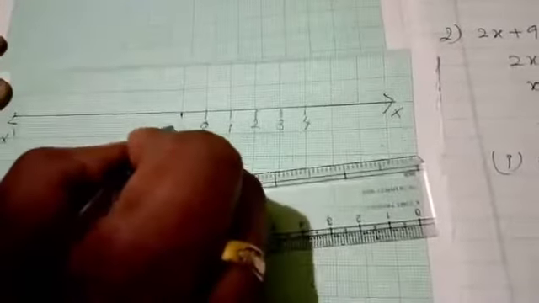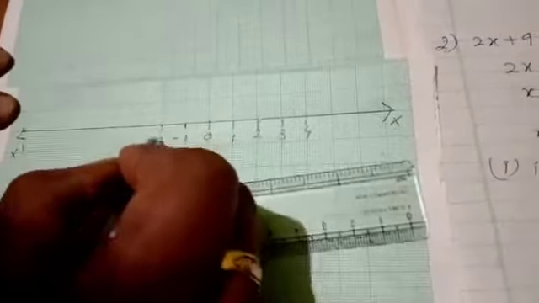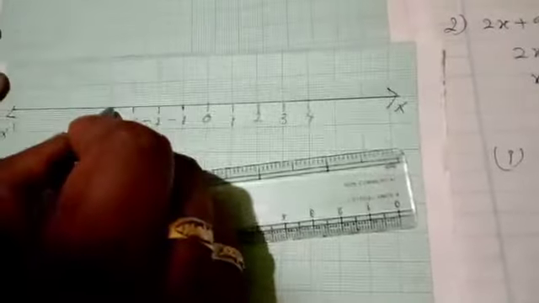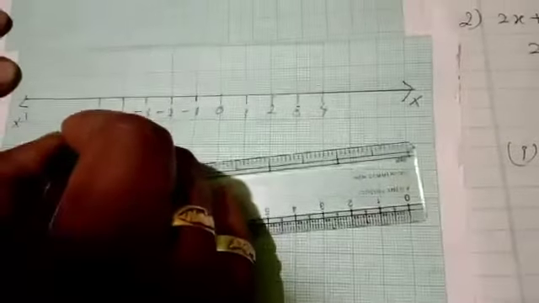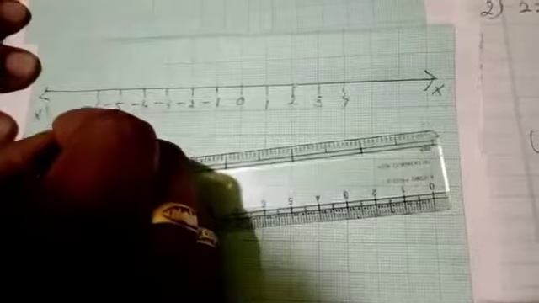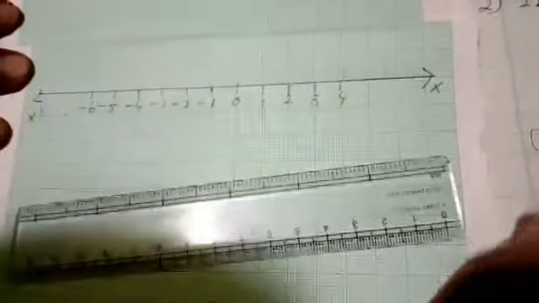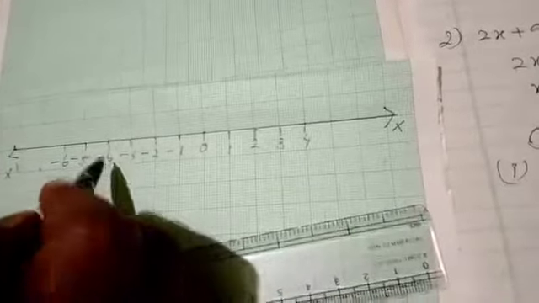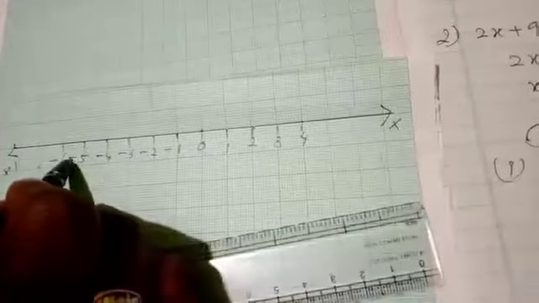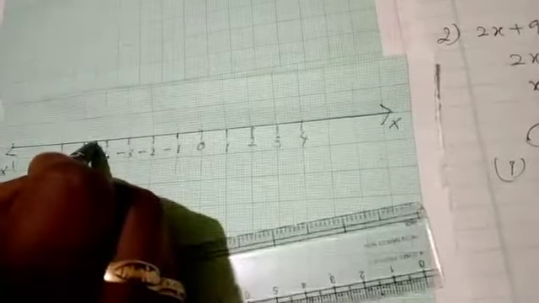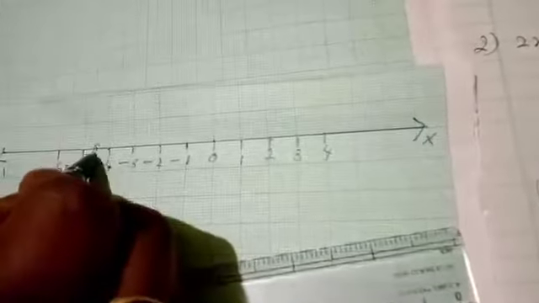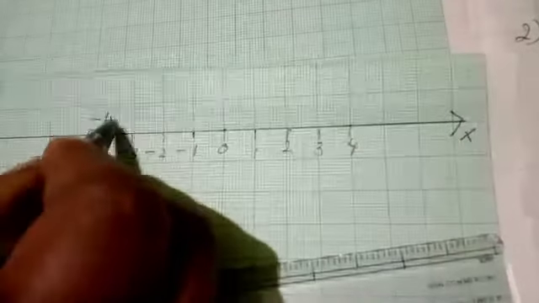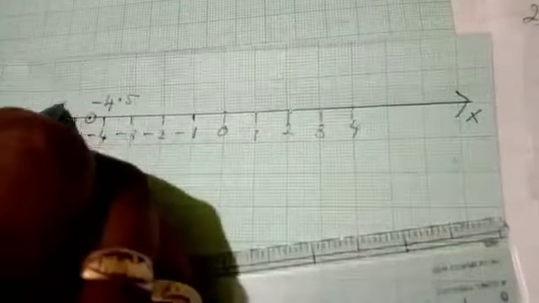Here the negative side, minus 1, minus 2, minus 3, minus 4, minus 5, minus 6, and so on. Here we have to show the x value, minus 4.5. So we have the minus value on this side. This is minus 4, minus 5. In between, this little dark mark is called minus 4.5 for the x value.